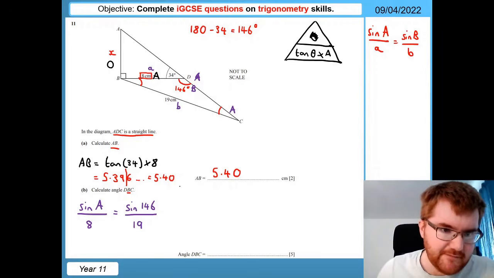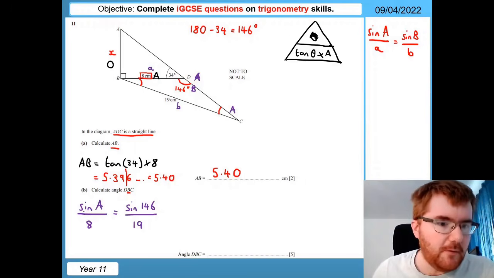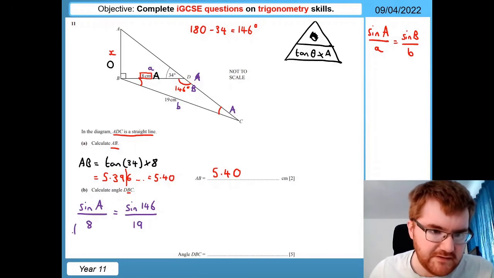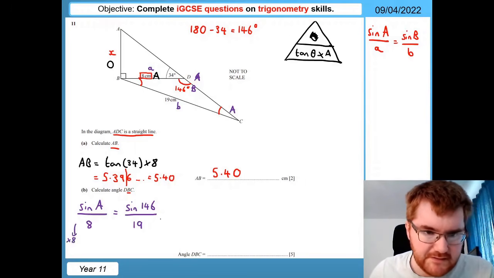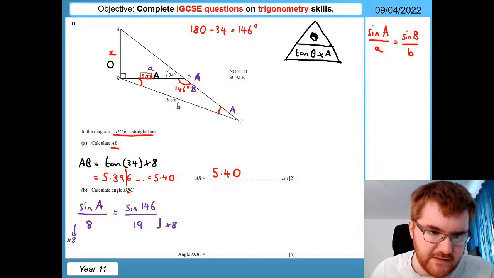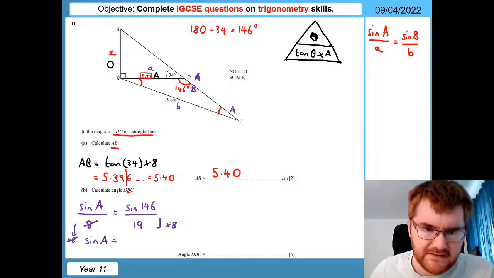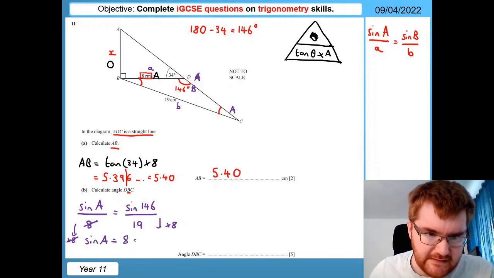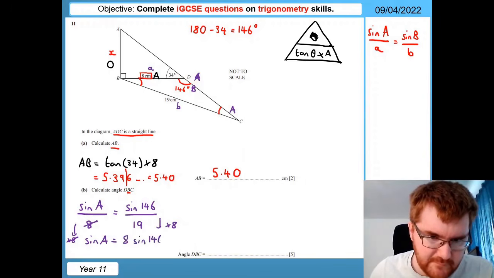So we look at the left-hand side and go, well, what's the opposite of dividing by 8? Well, we need to multiply by 8 on both sides. This has the effect of cancelling here. So we get sine A is equal to 8 times sine 146, divided by 19.